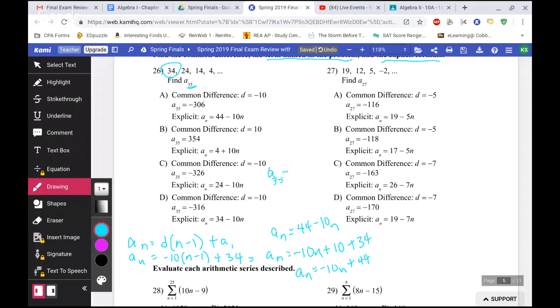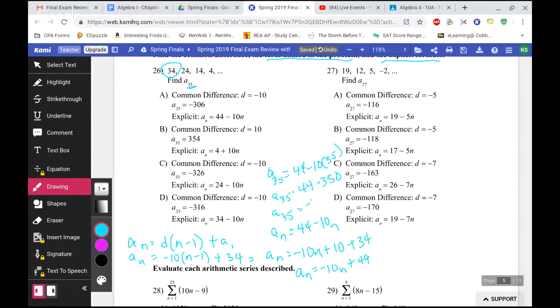To distinguish that I'm finding A sub 35, that's going to be 44 minus 10 times 35. So A sub 35 equals 44 minus 350, so negative 306. Okay, I got that.